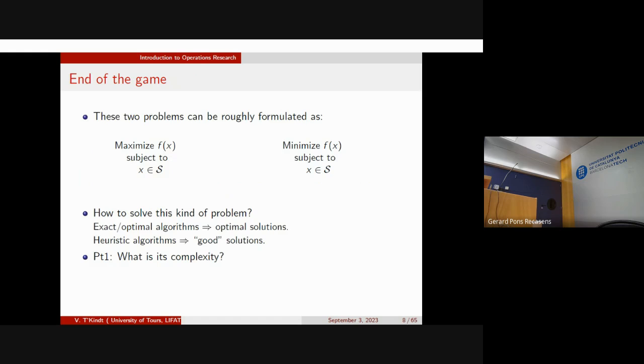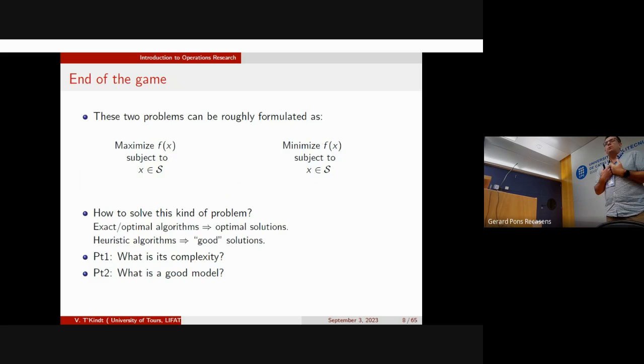When you have an optimization problem like that, the first question you have to ask yourself is, what is the complexity of my problem? That's really the starting point. And if you do not have the answer to this question, you can't go further. When you have answered this question, usually we ask ourselves this second question: what is a good model for my problem?